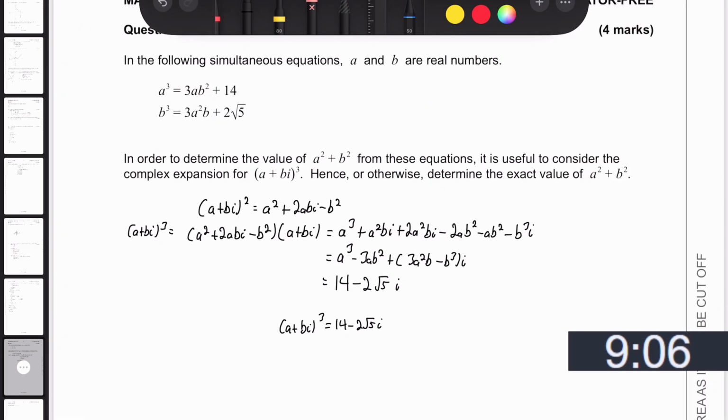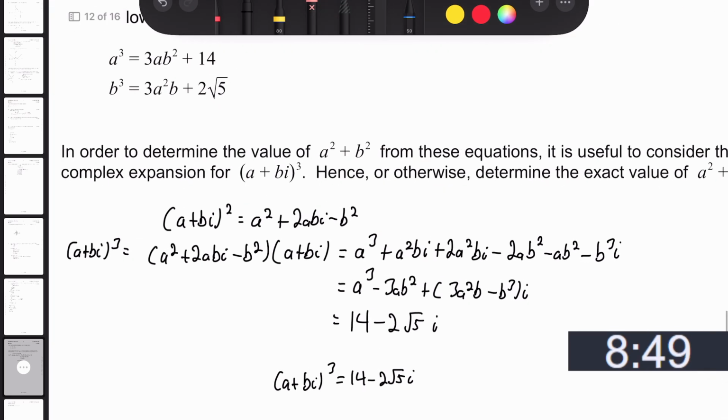Now what happens from here? I want to find a squared plus b squared. What happens from here?